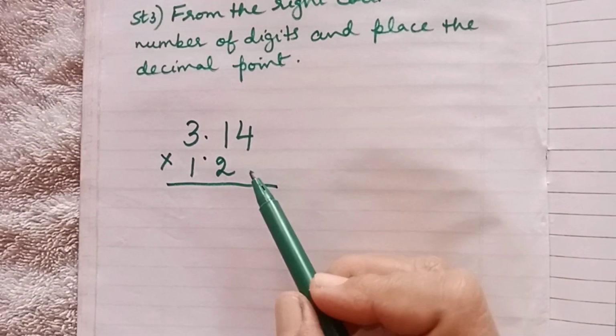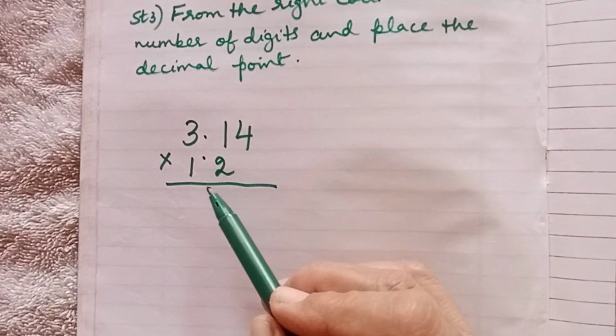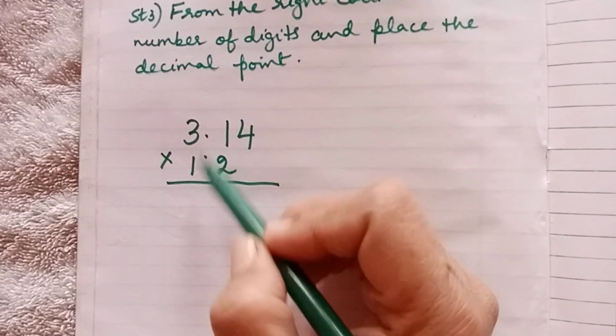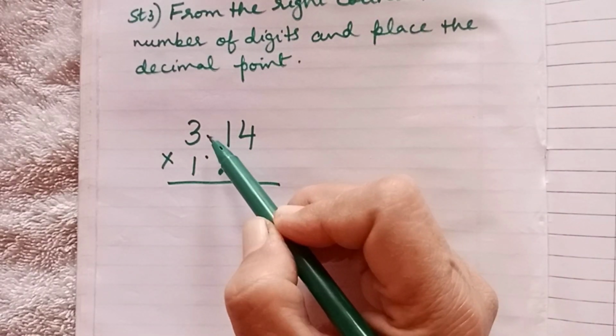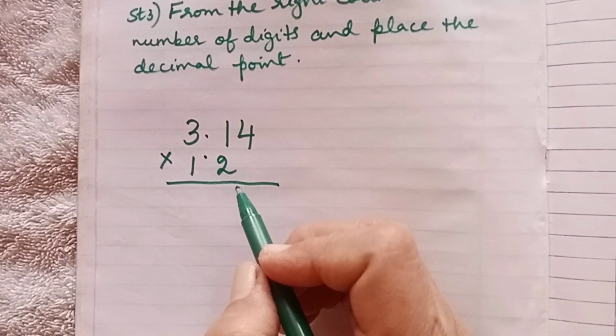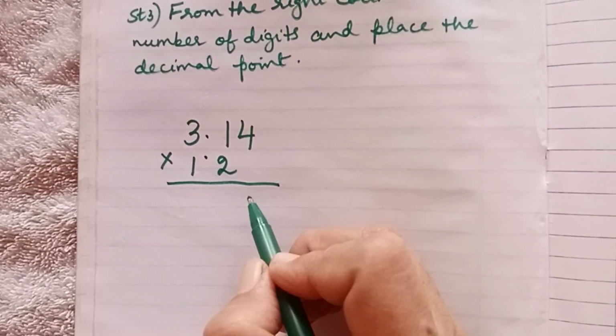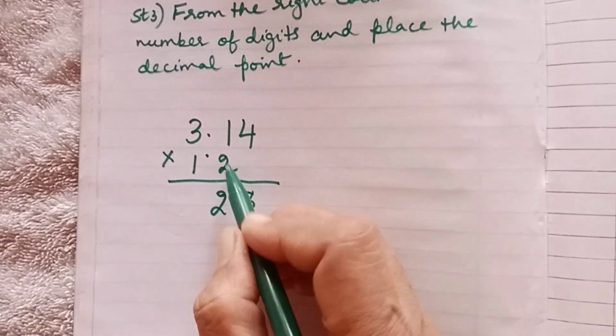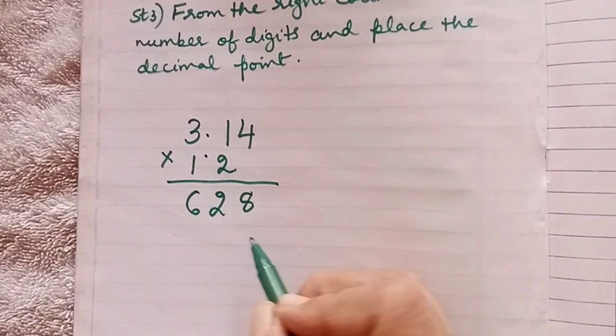So let us take one example, 3.14 into 1.2. First we will ignore this decimal and we will do normal multiplication the way we usually do. So 2 fours are 8, 2 ones are 2, 2 threes are 6.